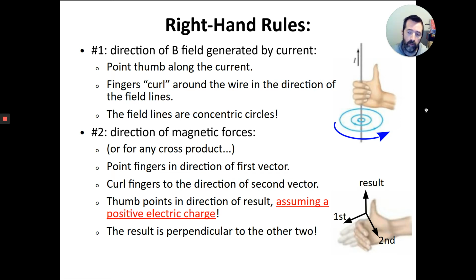Now the next couple of sections of the book start talking about forces that magnetic fields can exert on matter. And to determine the direction of the force, you have to think about a right-hand rule again. Technically, this second right-hand rule is the fundamental right-hand rule, or the only real one.